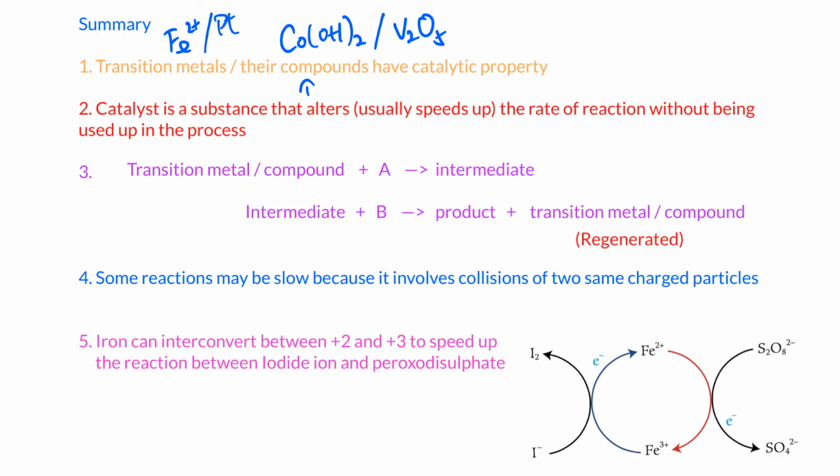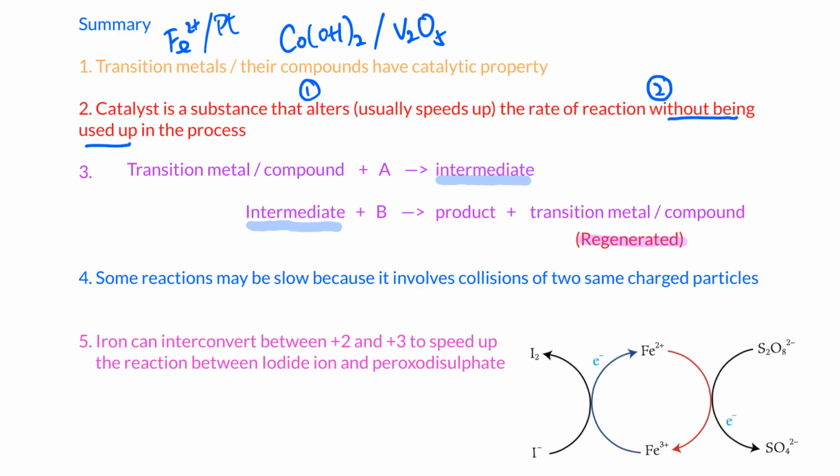First, they can alter the rate of reaction. Second, they are not used up in the process. This one is very important. During the catalysis process, normally the catalyst will first combine with one of the reactants, forming an intermediate, and this intermediate will then react with the second reactant, and most importantly, the transition metal or its compound will be regenerated.